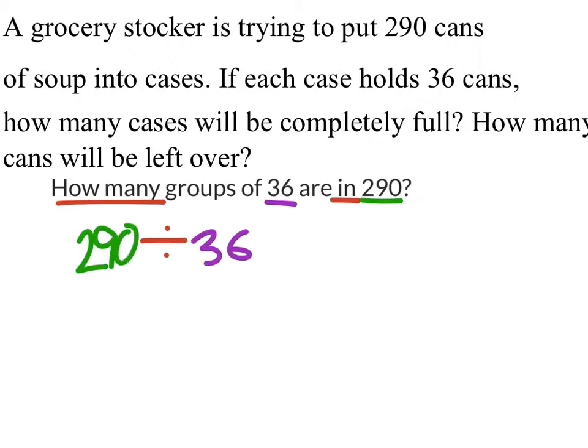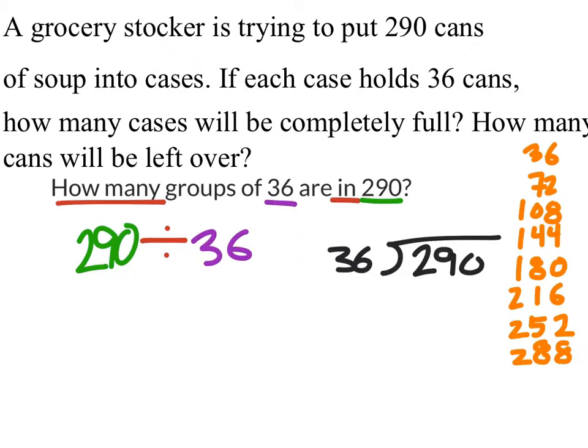So I've got 290 divided by 36. We'll do the long division over here. And 36, I'm not too familiar with my multiplication tables of 36, so I'm just going to list them out here on the right. Alright, so I've written out the multiples of 36: 1, 2, 3, 4, 5, 6, 7, 8. 8 times 36 is 288.